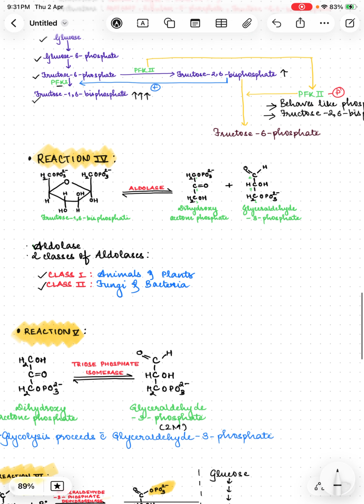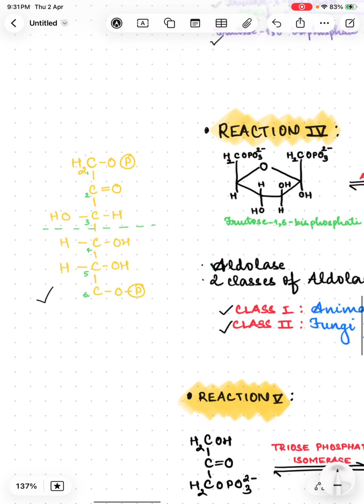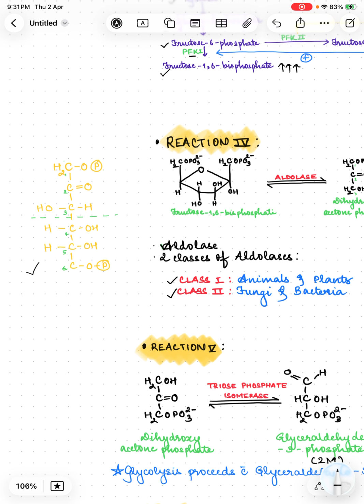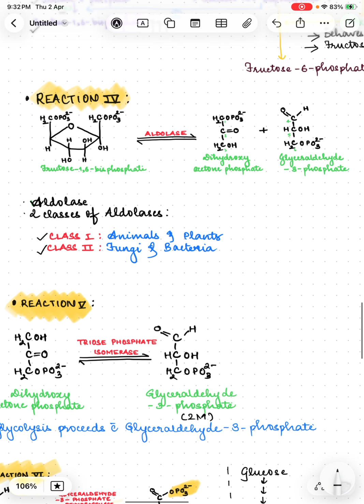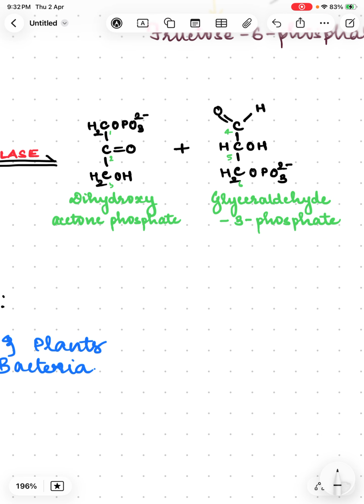Now in the next reaction, that is reaction number 4, fructose 1,6 bisphosphate, which is a 6 carbon compound, splits up into two 3 carbon compounds. The first one is dihydroxyacetone phosphate and the second one is glyceraldehyde 3 phosphate.